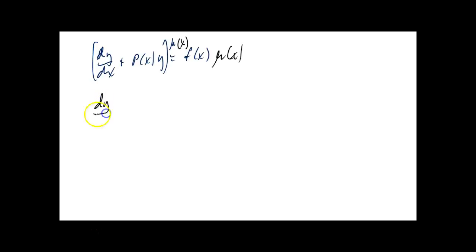That gives us mu of x times dy/dx, plus p of x times mu of x times y, equals f of x times mu of x. Now, that doesn't look particularly pretty, does it? But here is a key.